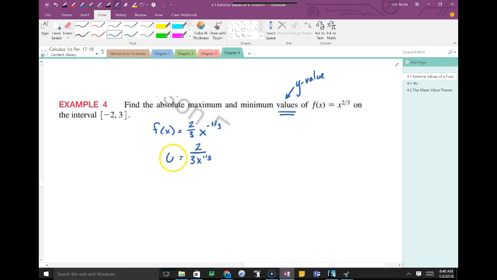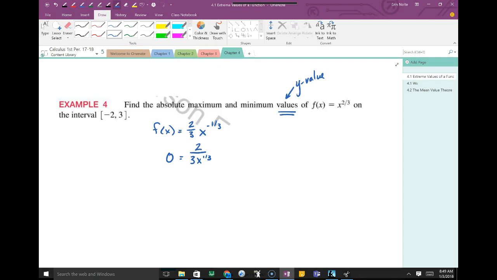I'm going to take that and set it equal to 0 to find my critical number. How would I solve this equation? How do I get that denominator piece out?